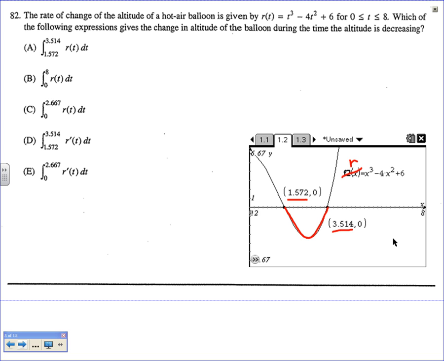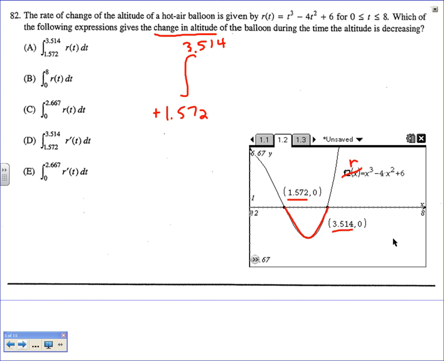And I said, what I want to do is, if I want the total change in altitude, I want to take and accumulate all the negative or decreasing values. How far did it go down between 1.572 and 3.514?